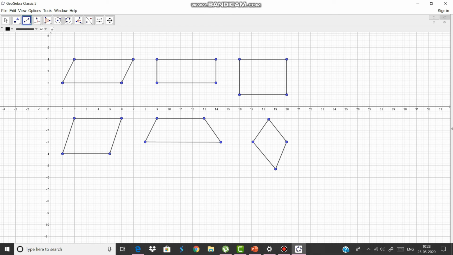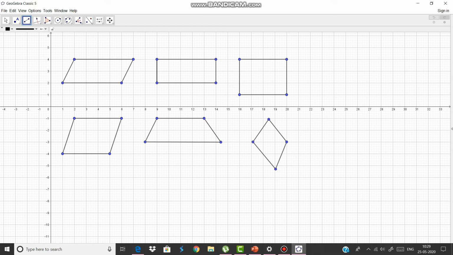But a parallelogram does not fulfill the criteria of the property of the rectangle. So that is why a parallelogram is not a rectangle, because each angle is a right angle in a rectangle, but this property does not fulfill in this parallelogram.